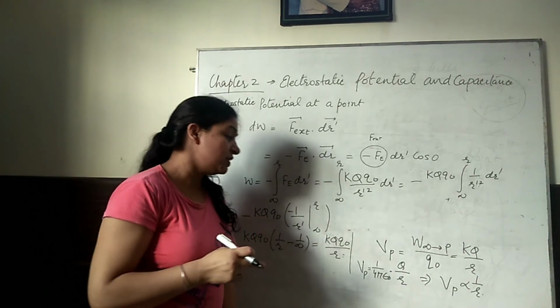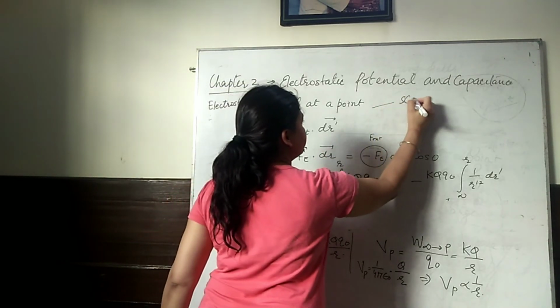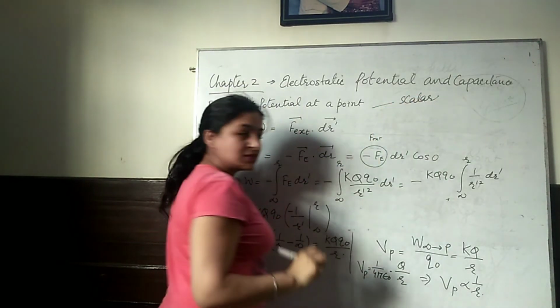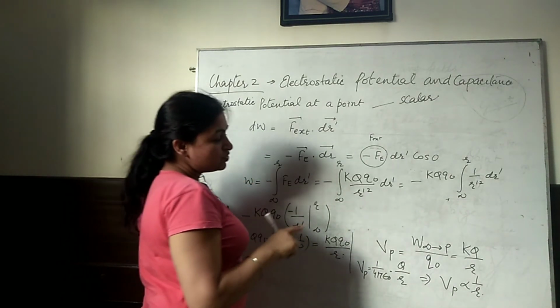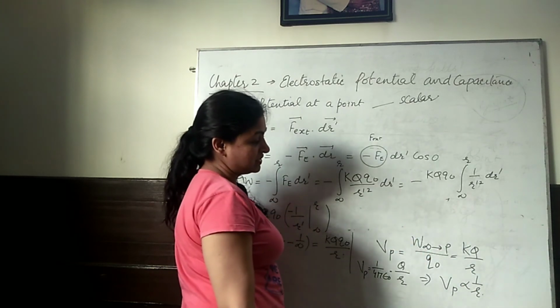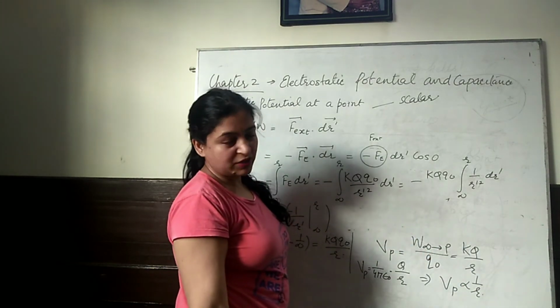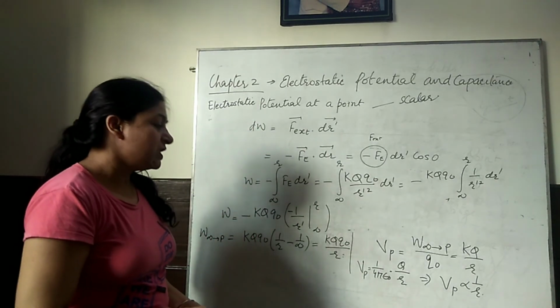But a very important thing: potential is a scalar quantity, and because it is a scalar quantity, you have to consider the sign of the charge as it is. If the charge is positive, potential would be positive, and if the charge is negative, potential would be negative.